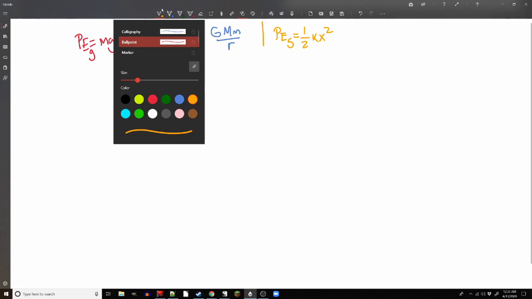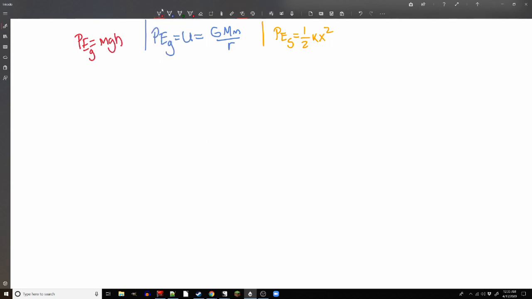All right, we'll start with the gravitational potential energy approximation here, mgh. The classic one is just having a cliff, and let's say you're holding up a rock that you want to drop on, I don't know, who should we drop it on?